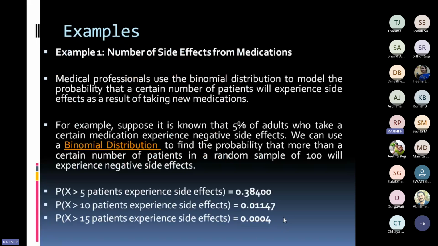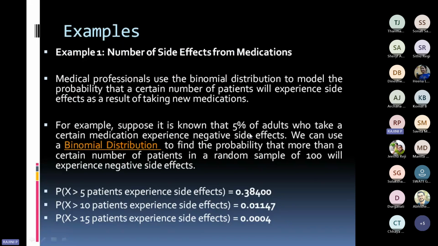For the first example, it is the number of side effects from medications. Number of side effects from the medication means what? Here I gave an example. Suppose it is known that 5% of the adults who take a certain medication experience negative side effects.